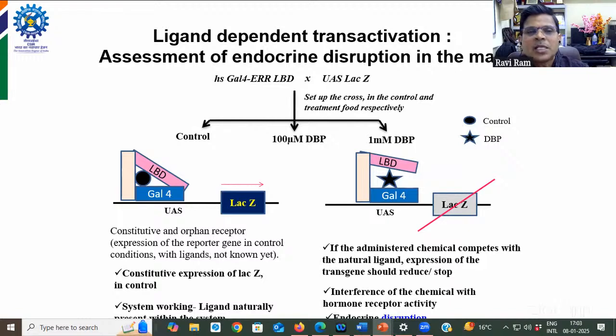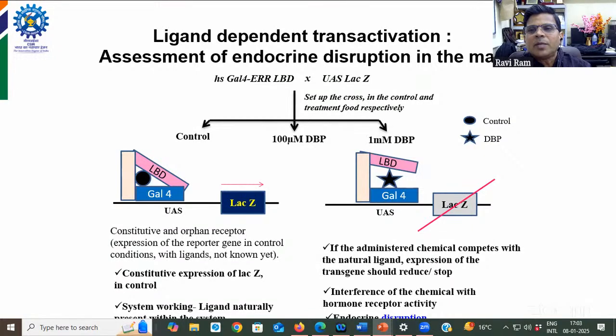Chimeric protein is basically a combination of two different proteins. Whenever you talk about a transcription factor, basic fundamental genetics, it has two different things. One is a DNA binding domain, and the second is a transcriptional activation domain.